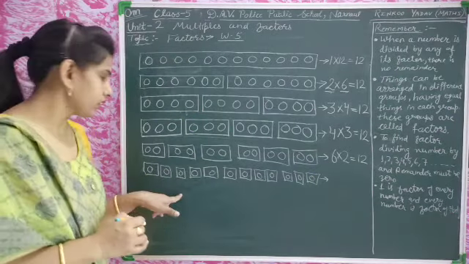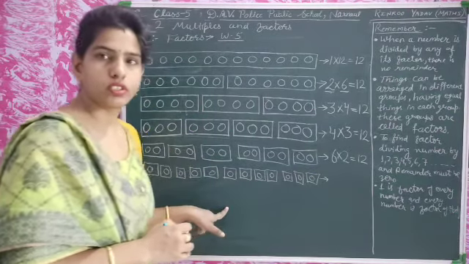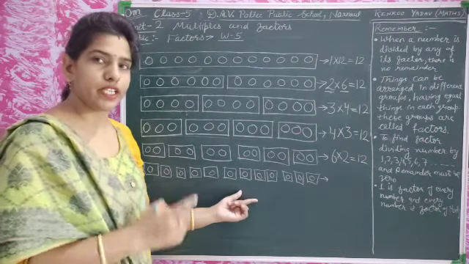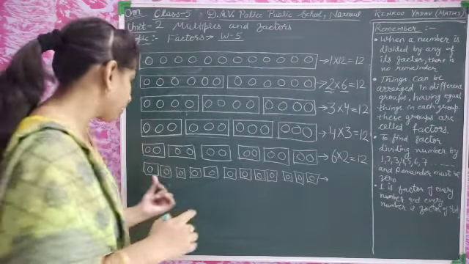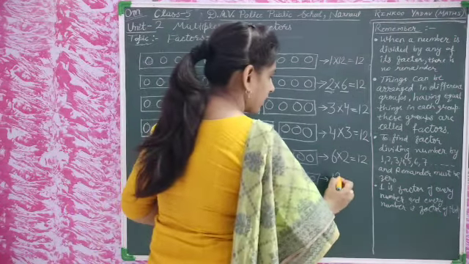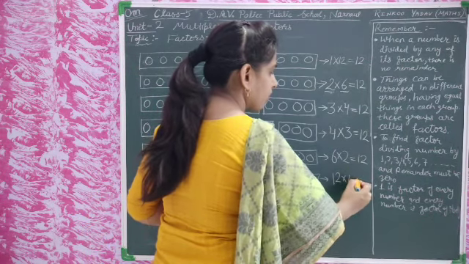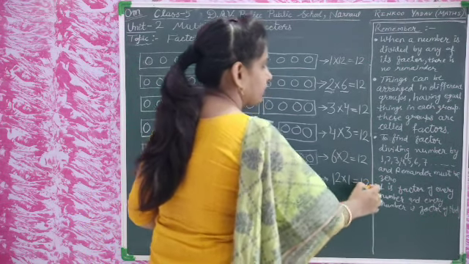There are 12 groups and each group has 1 element. So 12 groups and each group has 1 thing, and that equals 12.